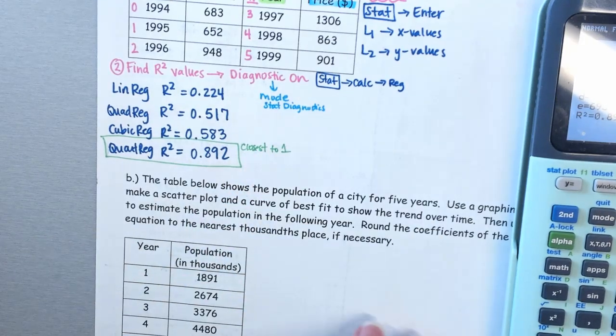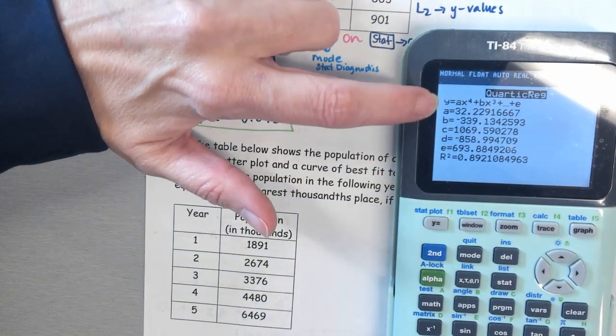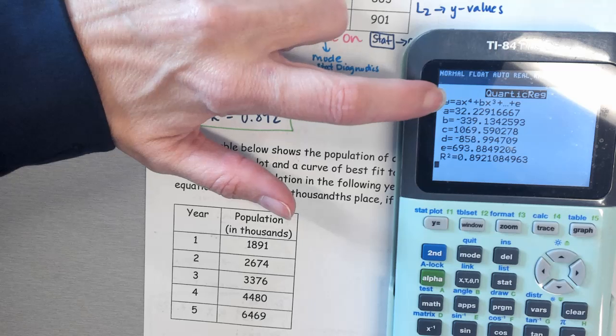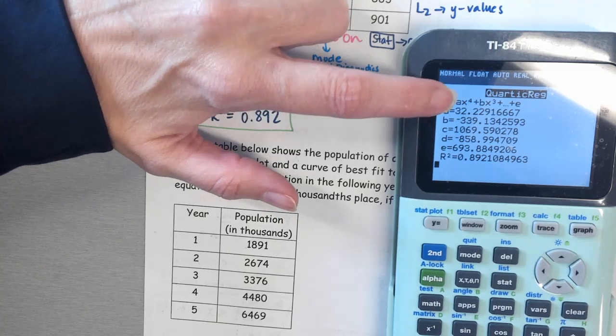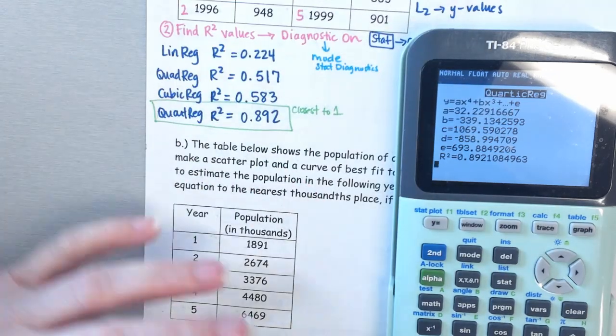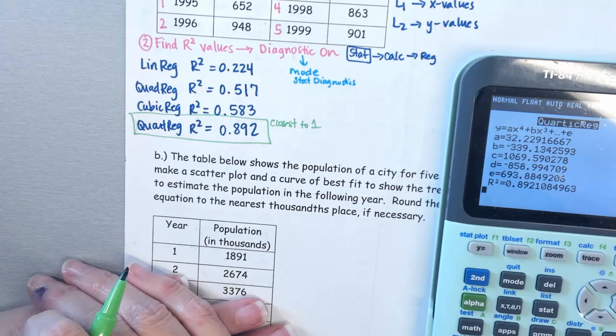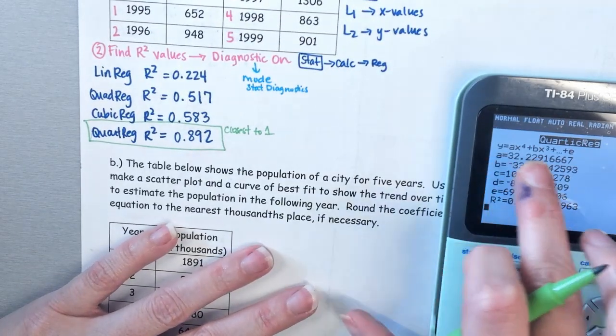All right, now if you look at your graphing calculator, if it's quart reg, they give you the form of it, right? It's ax to the 4th plus bx cubed plus, and then it goes dot, dot, dot, all the way to e. That's because you are going to be plugging that into this equation.